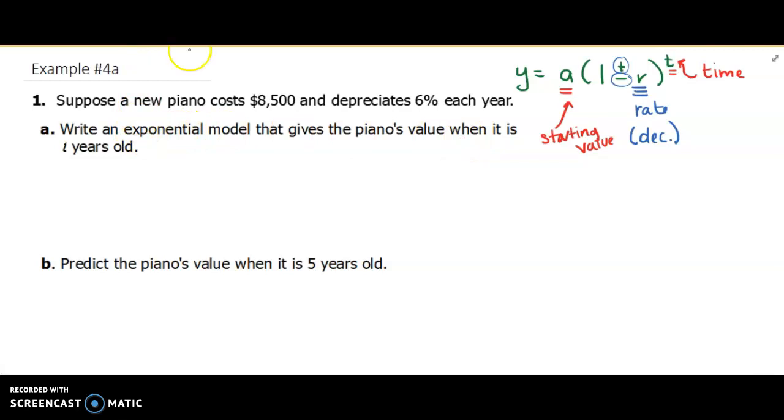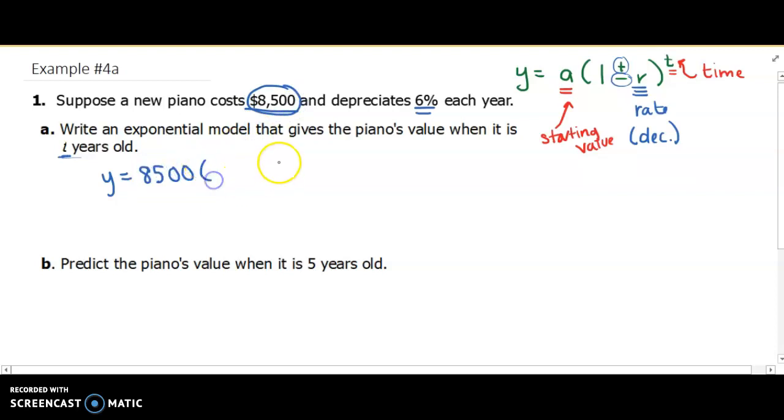If I look at example 4a, it says, suppose a new piano costs $8,500 and depreciates 6% each year. Write an exponential model that gives the piano's value when it is t years old. So t represents years. y equals a, our starting value, which is $8,500, times (1, and it's depreciating, so that means it's going down in value, which means this would be a minus, and it's 6% each year.